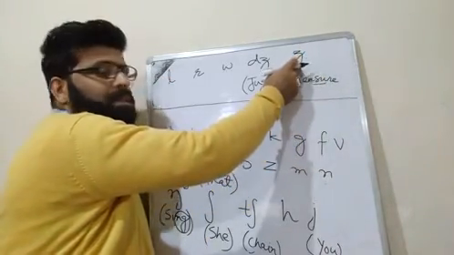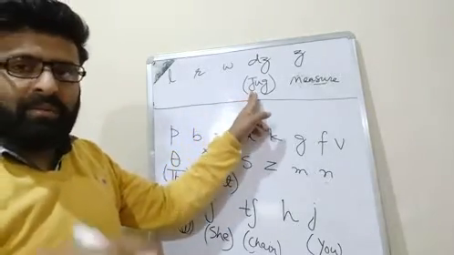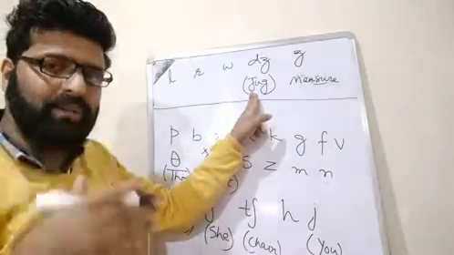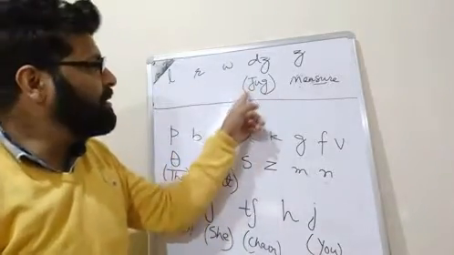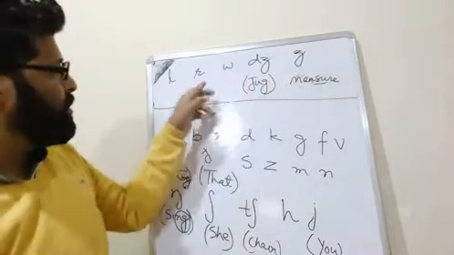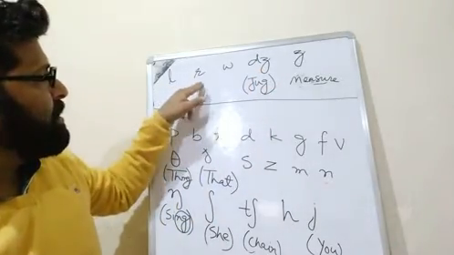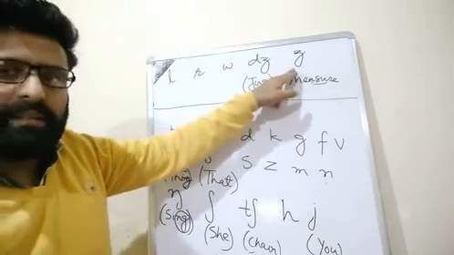That time the symbol is z. And if we want to pronounce the sound j, then the symbol is small d and small z.